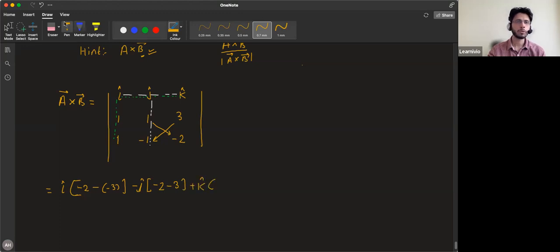Now tell me, what will be the terms which will be left here? 1 into 1 and 1 into -1. So 1 and minus 1 is minus 1, minus 1. So this is minus 2 plus 3, it's i cap, plus 3 j cap minus 2 k cap, that is A cross B.